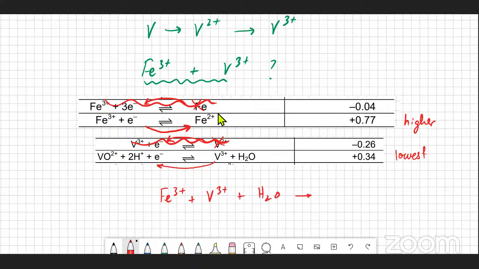The product in the first one is going to be Fe2+, and in the second one the product is VO2+ and 2H+. So finally this V3+ is now changing into VO2+.